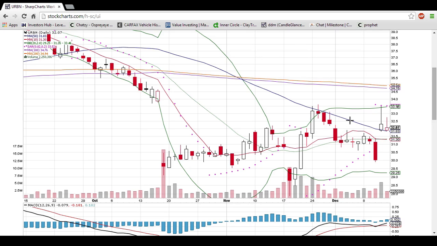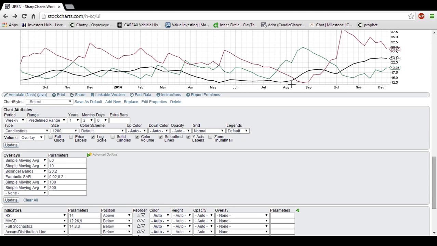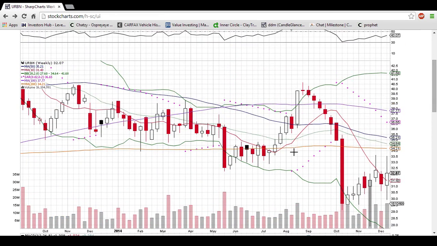In terms of going forward, if you want to look at a longer term chart or a longer term outlook, you look at the weekly chart, which is the same thing as the daily, except each candle now represents one week worth of trading. You can see from September to October, every week was just red, red, red, red. And it got pretty oversold, and it's bounced nicely, higher lows being formed.